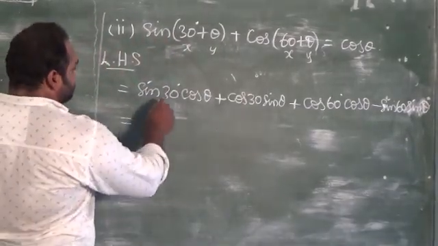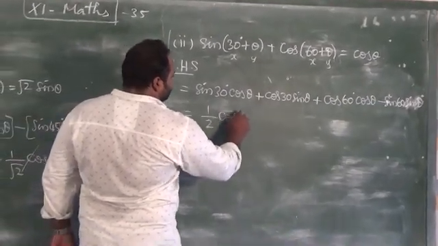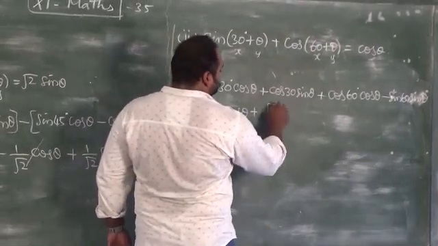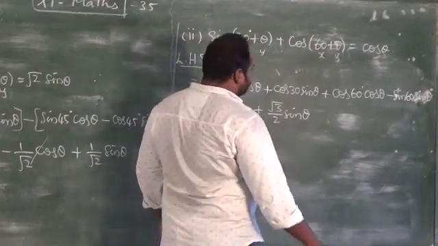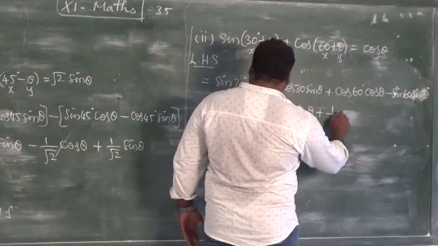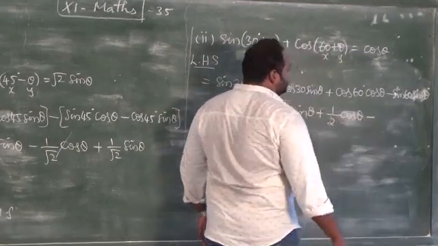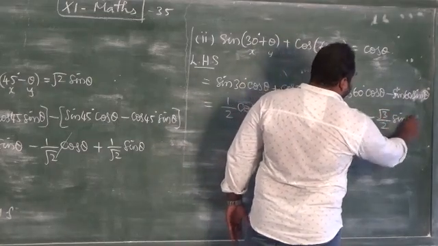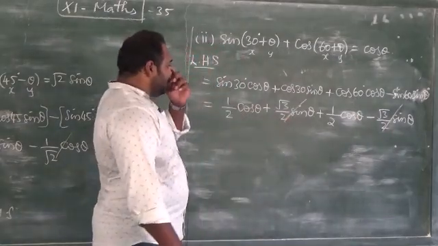Here, the value of cos 30 is root 3 by 2, and sin 30 is 1 by 2. So 1 by 2 cos θ plus root 3 by 2 sin θ, plus 1 by 2 cos θ minus root 3 by 2 sin θ. The root 3 by 2 sin θ terms, plus and minus, cancel.